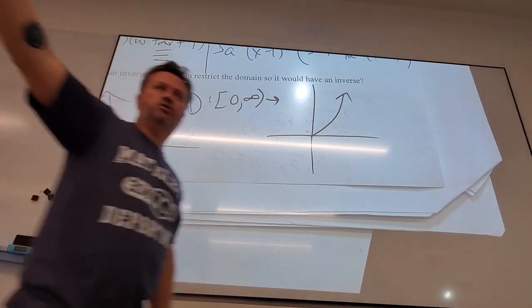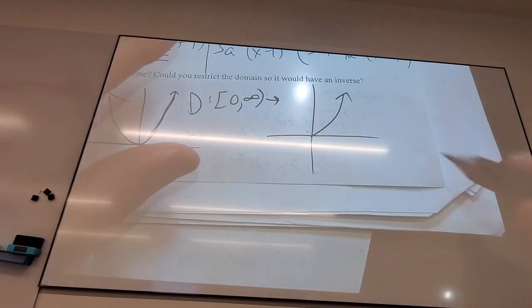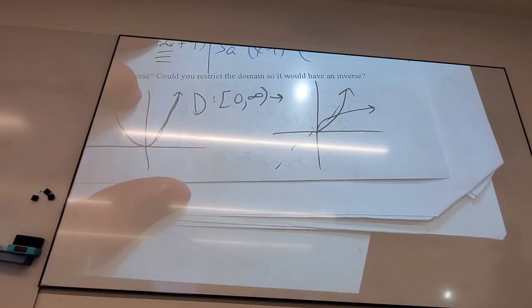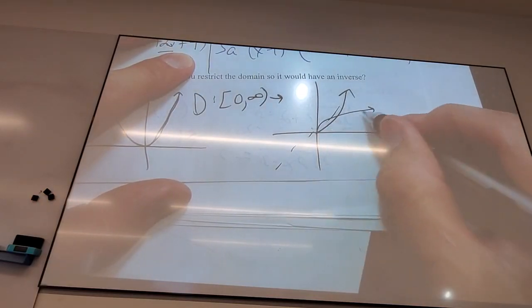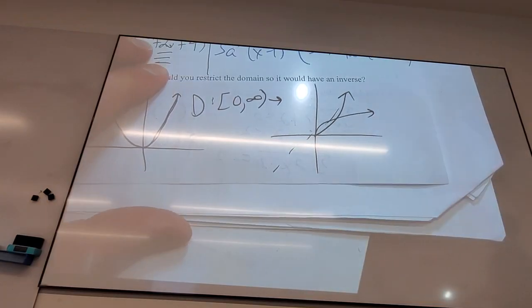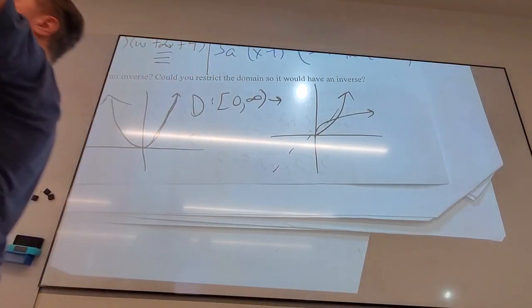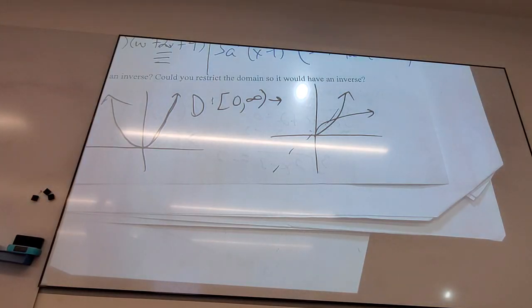So if I restrict the domain and then I reflect this, don't I get the square root graph? Isn't this one the square root graph? There you go. Okay, so if my function does not pass the horizontal line test, I can chop the domain so the rest of it does.